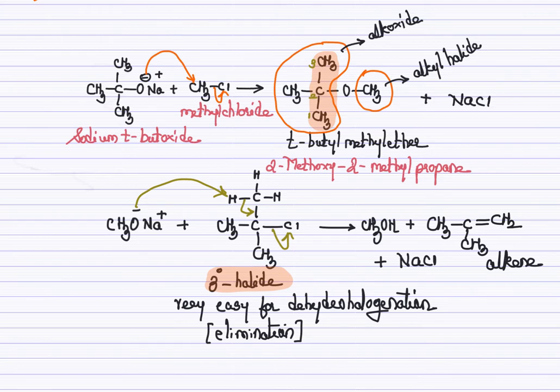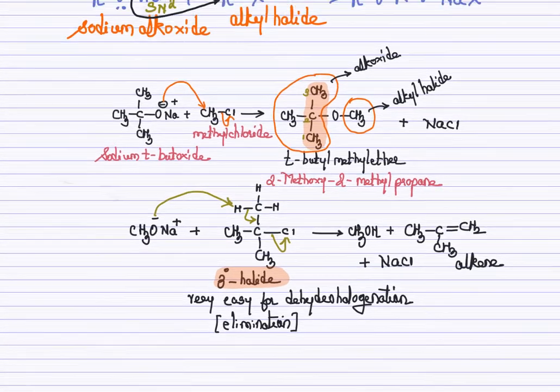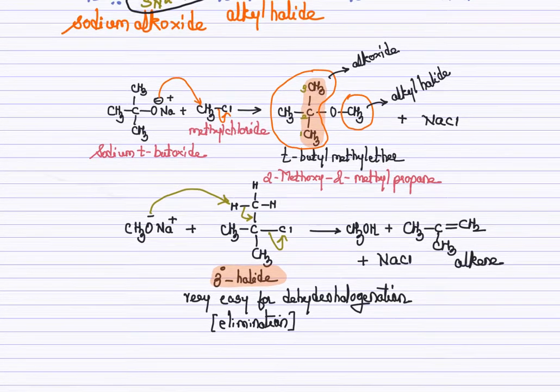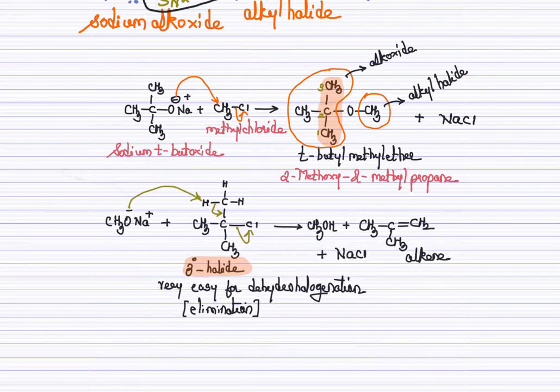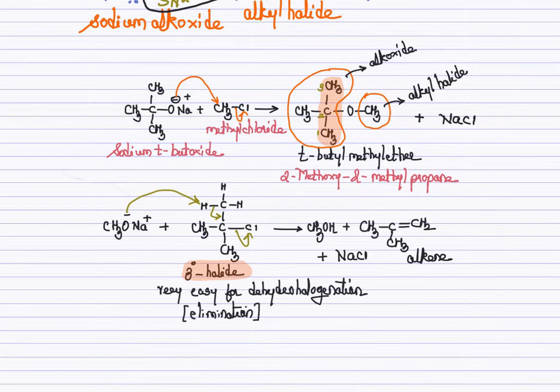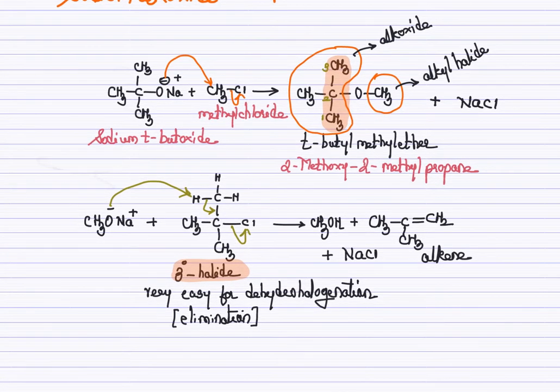So if you try to do the reverse, there is a big possibility that you end up in getting only an alkene. And that's one of the important things to know, that you have to do it properly. If you don't do it the right way, you end up in getting only an alkene. So Williamson's ether synthesis is a very good reaction.